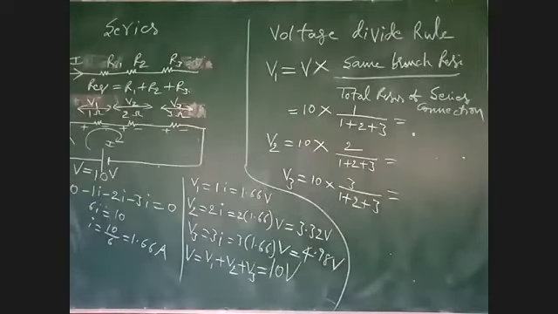Total voltage into same branch resistance by total resistance of series connection. This is the voltage divider rule formula. In series, we will apply the voltage divider rule across all resistors.